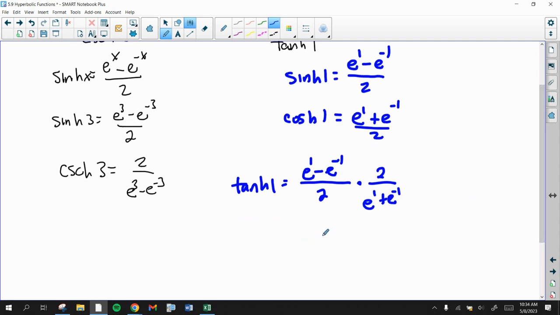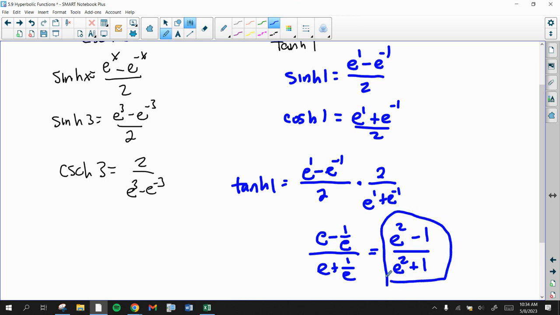I'm going to cancel all the 2's. I have e minus 1 over e over e plus 1 over e. I'm going to multiply everything by e. And that looks like it.